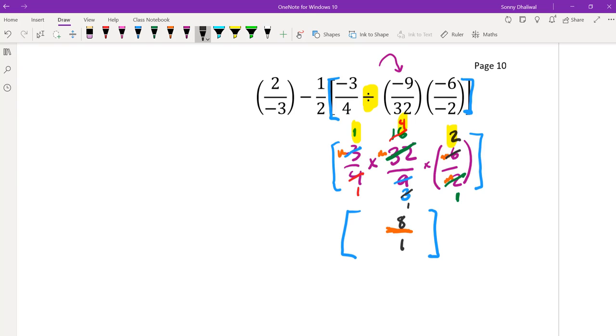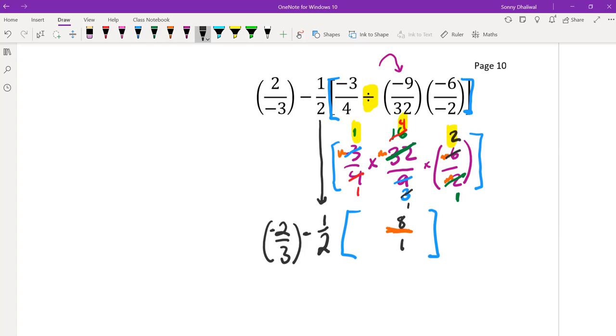You can just write down 8, but since I have a fraction here which I need to multiply, I'm going to keep that number as a fraction just to make the math look a little bit easier. And I'm going to move the negative for that first fraction up to the top.